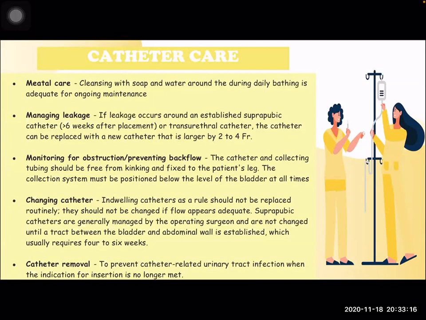And then regarding changing catheters, as a rule, indwelling catheters should not be replaced routinely. Suprapubic catheters are generally managed by the operating surgeons and are not changed until a tract between the bladder and the abdominal wall is established, which requires about 4 to 6 weeks.